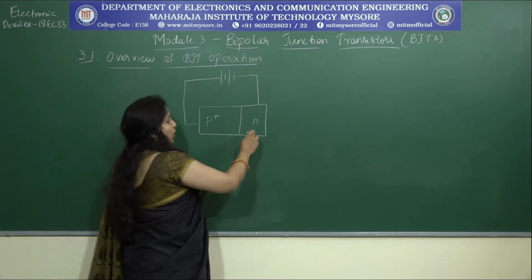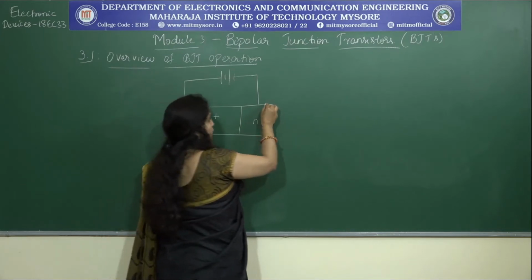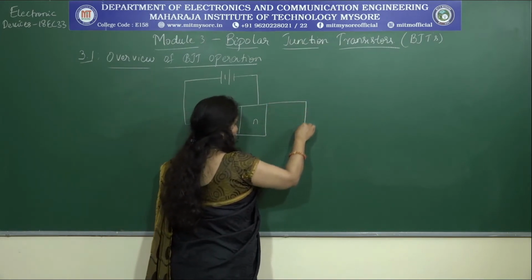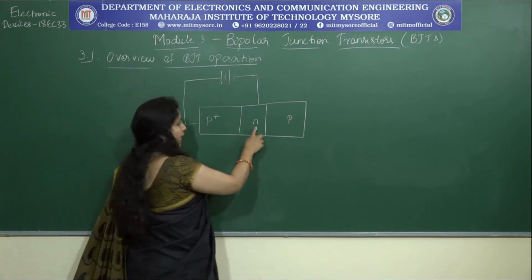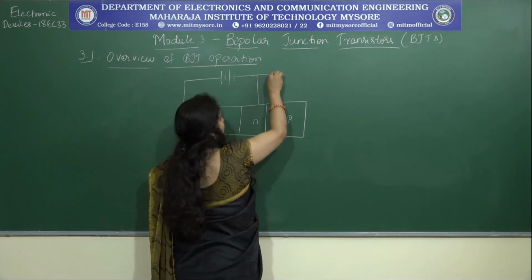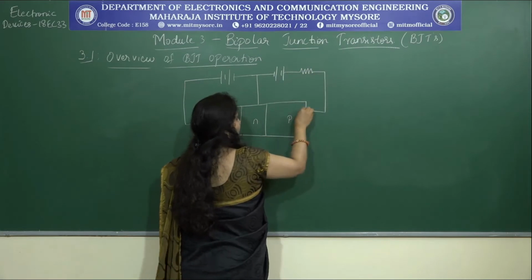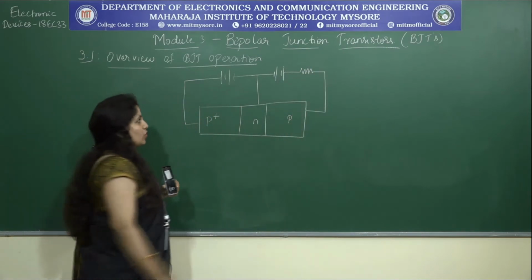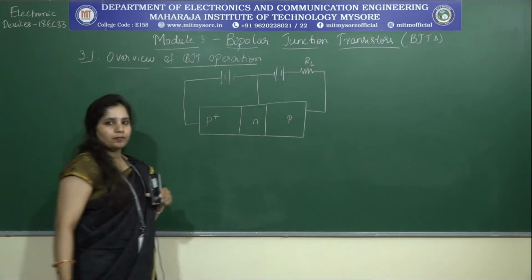Now, I have to have another region, N and P. So, I'll have an N region which is common and then I'll have a P region. Now, how are these N and P regions connected? They are connected in the reverse biased condition and we have a load with it. Let me represent this as RL.